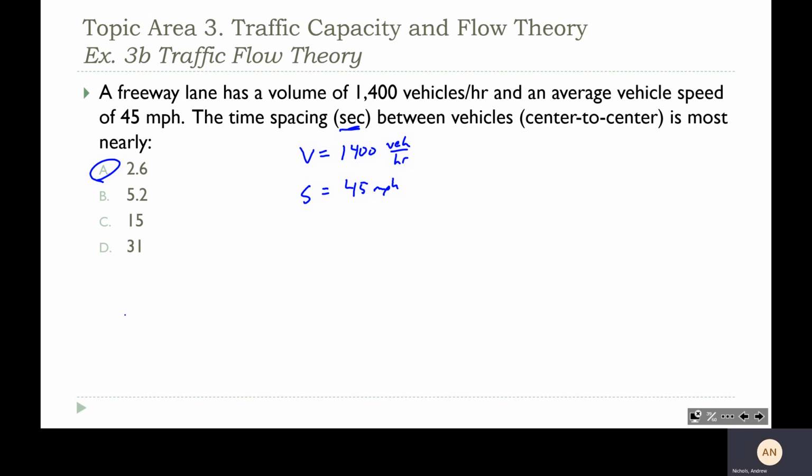So maybe the better way to think about it is if we have 1,400 vehicles and there's one arriving every 2.6 seconds, 1,400 times 2.6 gets you to the 3,600, which is an hour, is another way to back into it.